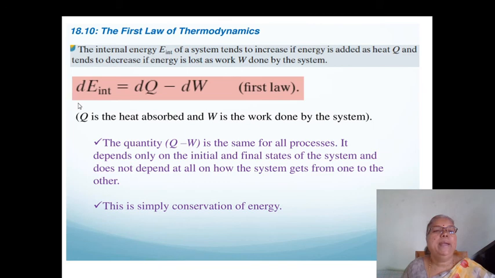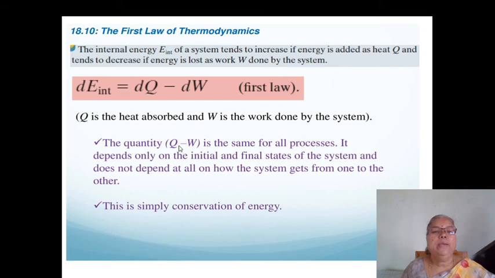If a finite change is there, we denote it by the delta sign. So in this equation, Q is the heat absorbed and W is the work done by the system.